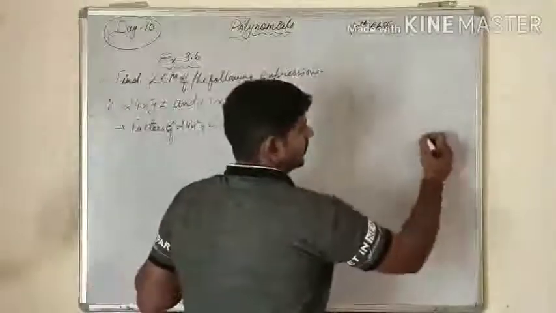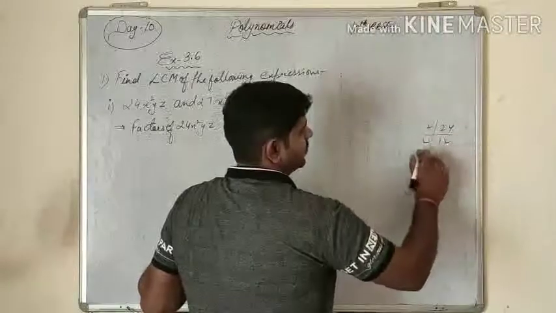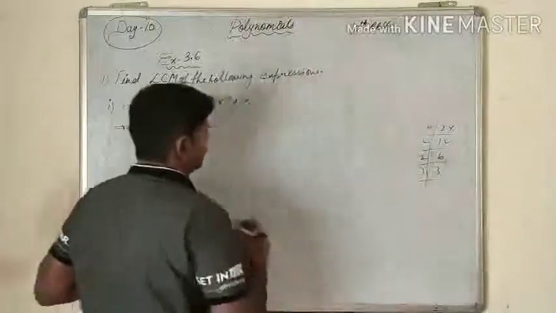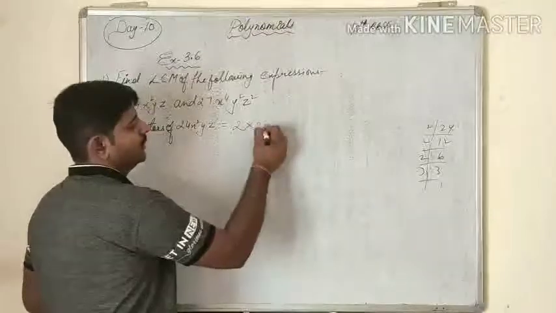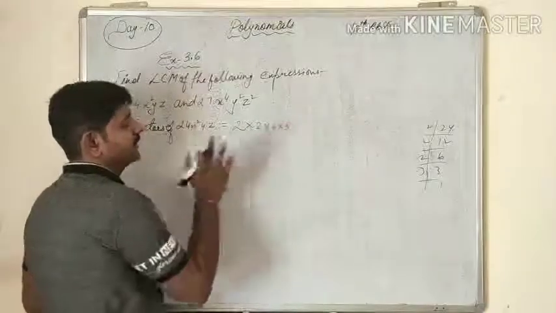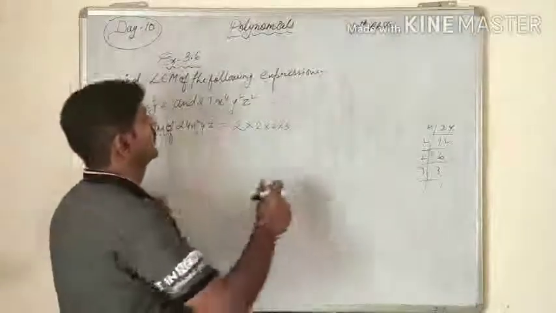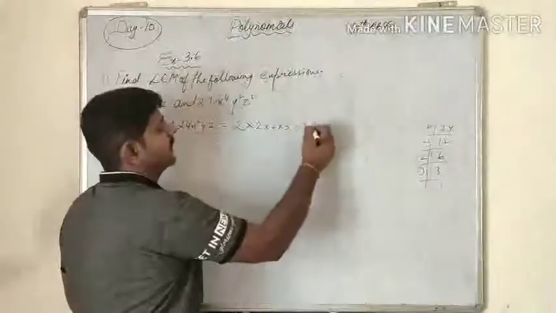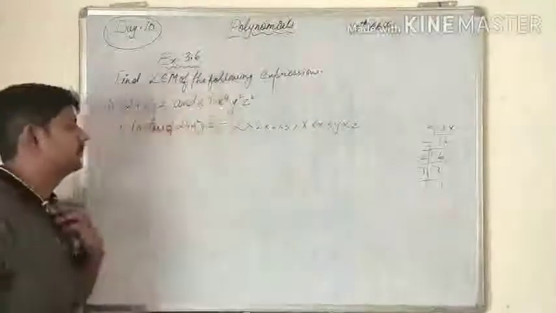If roughly we solve 24, 2 then 12, 2 then 6, 2 then 3 and 3 then 1. So factors are 2 into 2 into 2 into 3. These are the factors of 24, into x is 2 times, that's why x into x, y is single time, z is single time.